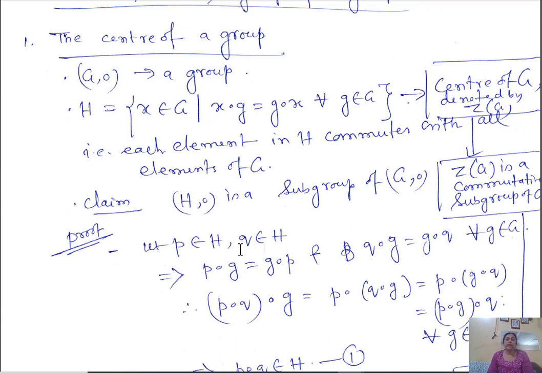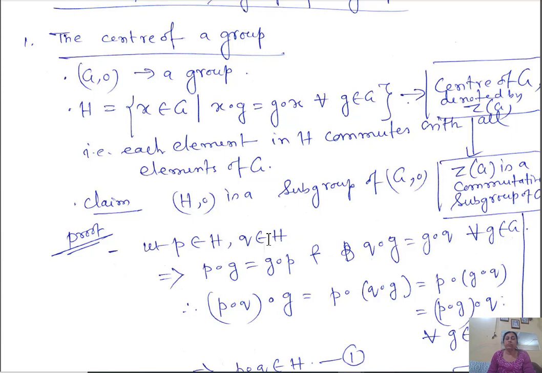So p belongs to H, q belongs to H. What does this mean? P belongs to H means p commutes with every element of G. So p composition g equals g composition p.